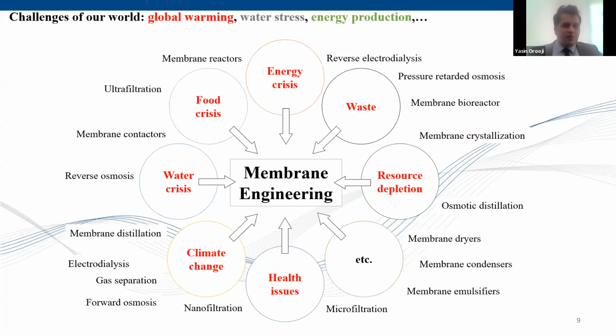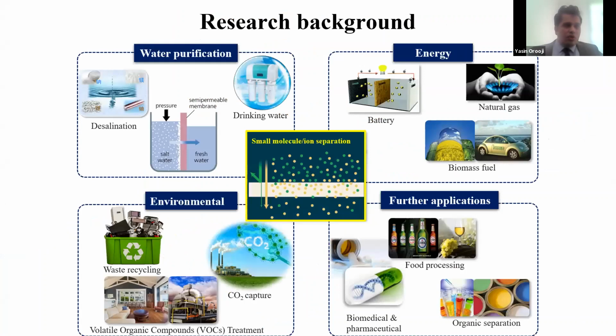Many concerns of today could be solved by membrane engineering, which is mainly divided into water purification, energy application, and environmental. Also, we have further applications which are considered minor.